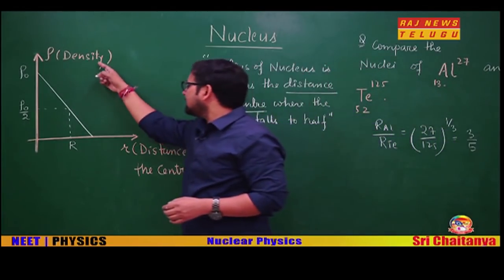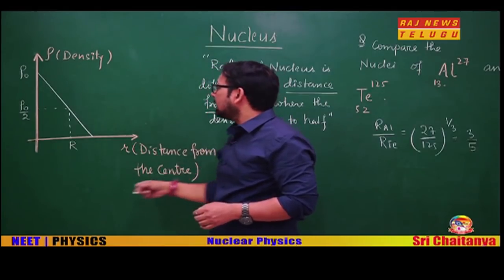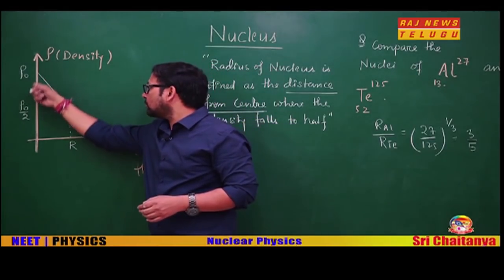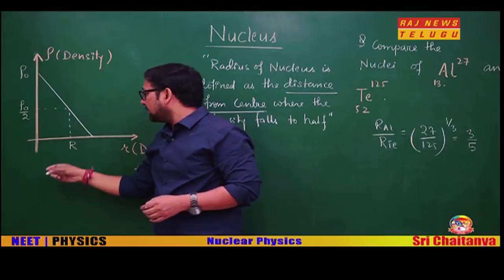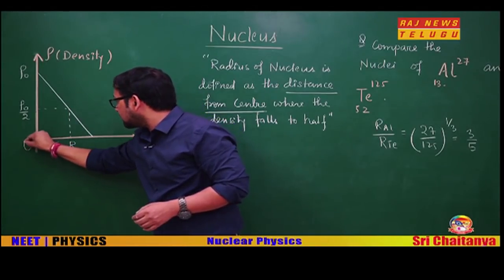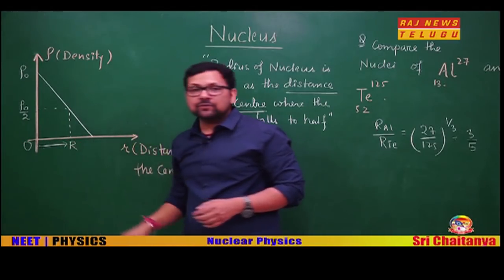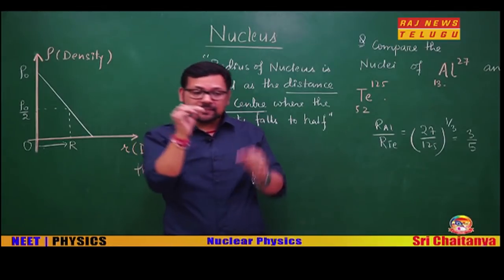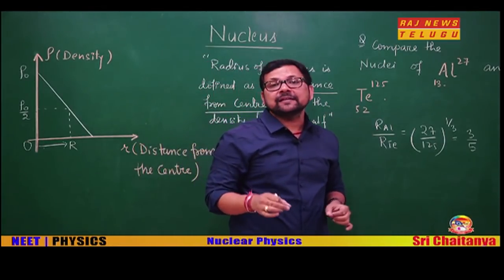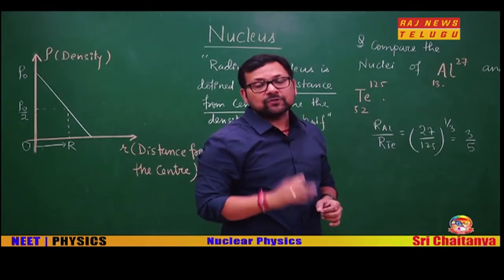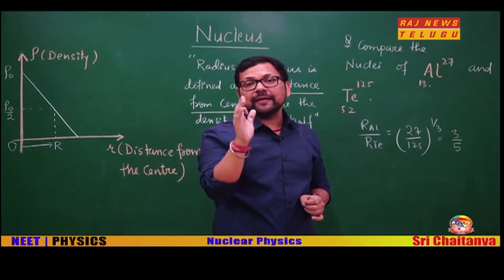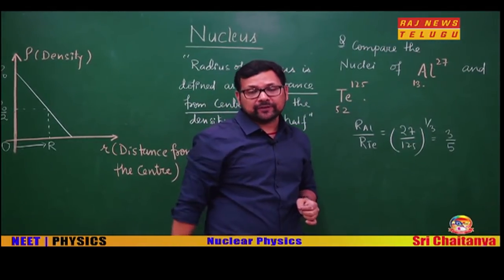See, in the density versus R graph you can see density falls from rho naught to rho naught by 2, and it has fallen at a distance of radius. So, what is nuclear radius? Distance from the center where density becomes half. So, R equal to R naught A, mass number, power 1 by 3.